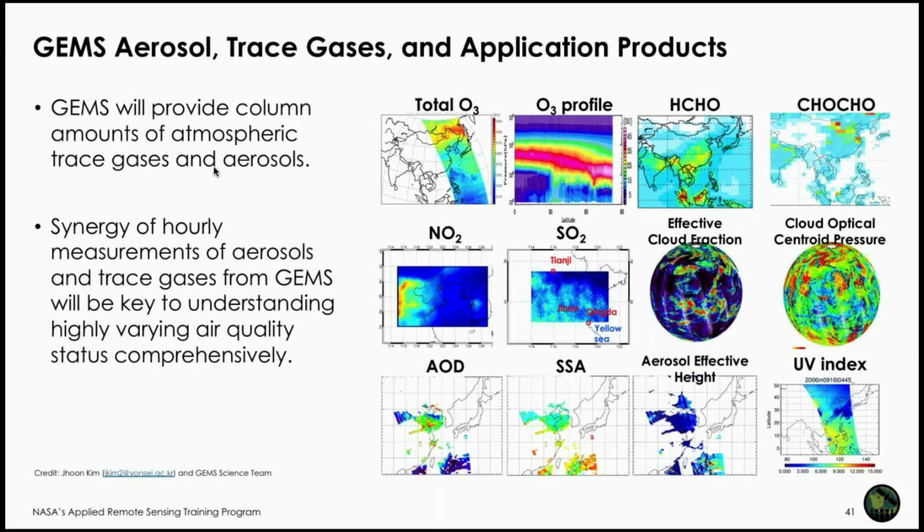The trace gases include total ozone or ozone profiles, formaldehyde and glyoxal, nitrogen dioxide, sulfur dioxide, and cloud information, and aerosol properties like AOD, SSA, or aerosol loading height. The synergy of hourly measurements of aerosols and trace gases from GEMS will be key to understanding highly varying air quality status comprehensively.